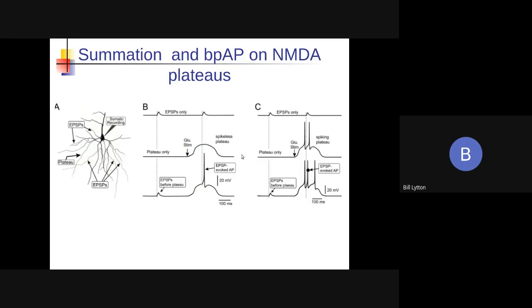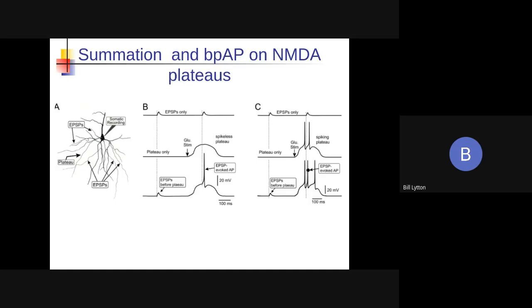This is something that we've looked at a fair amount, working with an experimentalist, Srdjan Antic, and this is work that was done by Penny Gao and by Joe Graham, who's teaching this class. We looked at how backpropagating action potentials would be affected by NMDA plateaus. NMDA plateaus can last 100 to 400 milliseconds.